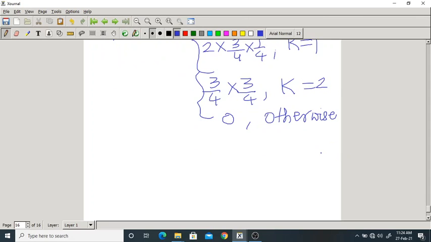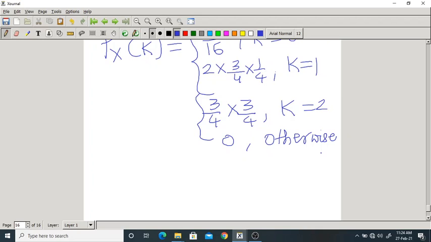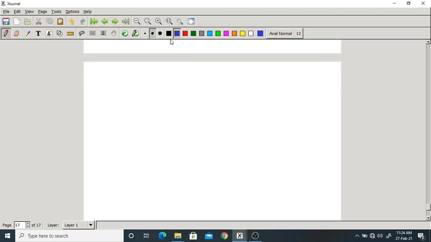Okay. Now, to find out the mean, we need the PMF. So that's why the first thing is you should find out its PMF. Then you can find out mean and second moment. So what is the mean? The next question was, what is the mean? Mean or expectation?